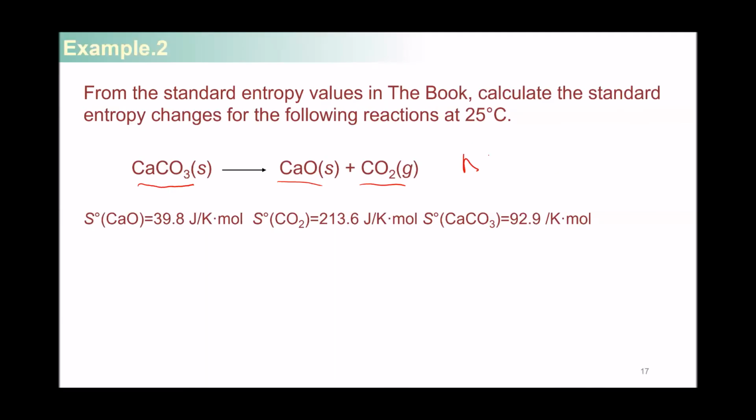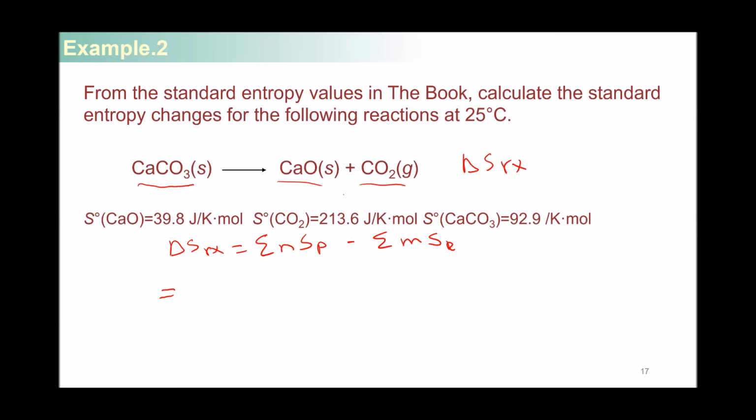What is delta S for this reaction? Delta S for any reaction is going to equal the sum of the number of moles times the entropy of the products minus the sum of the number of moles times the entropy of the reactants.